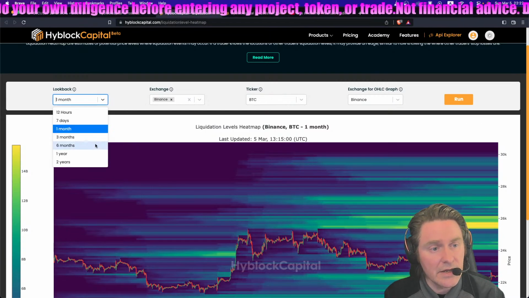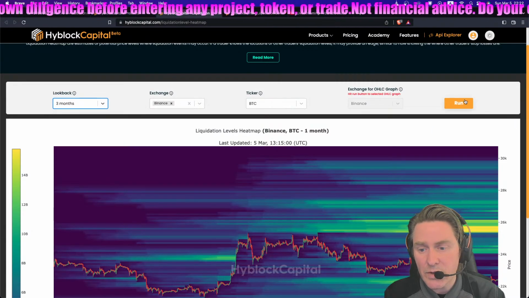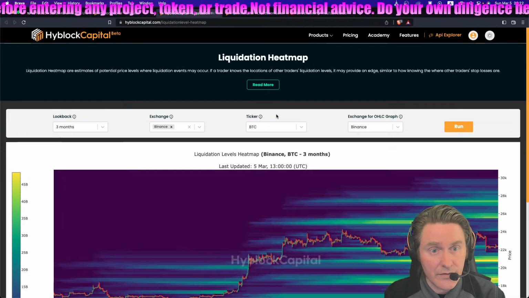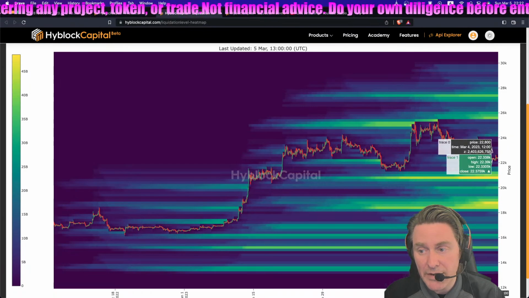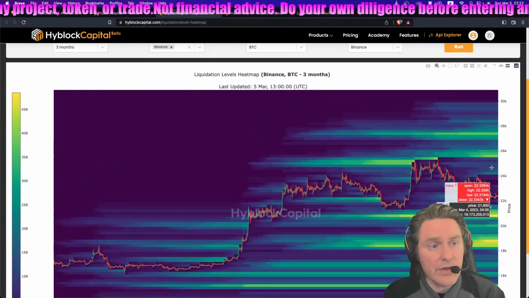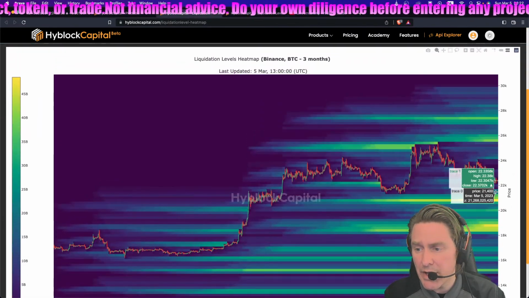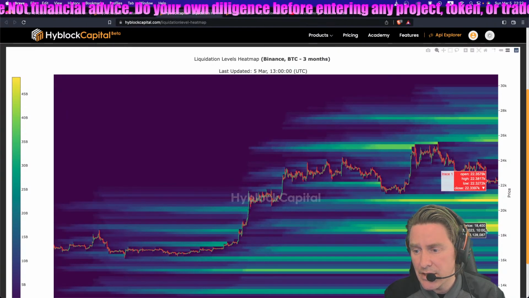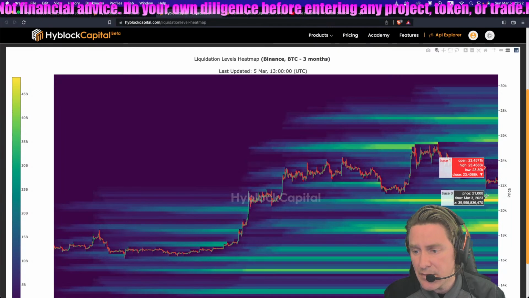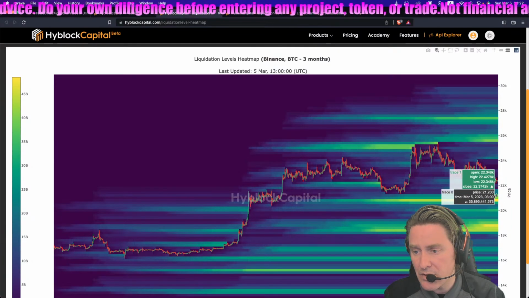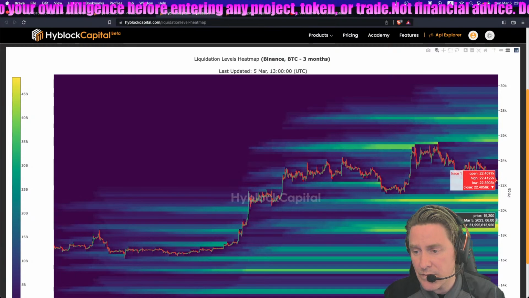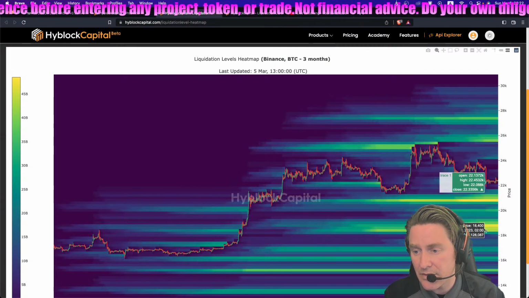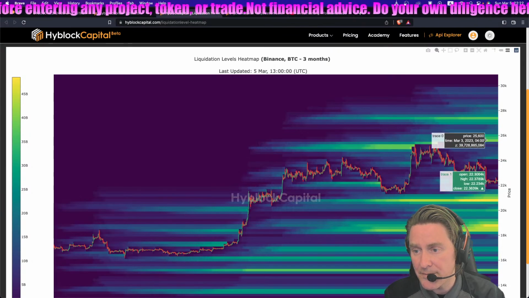We've been saying for the longest time that 25K will be attacked once again. It's just a matter of when. So on the 3 month time frame, you have double-digit billions. It's clearly imbalanced to this region below sub 22K for how much liquidity is getting stacked down here compared to up here.